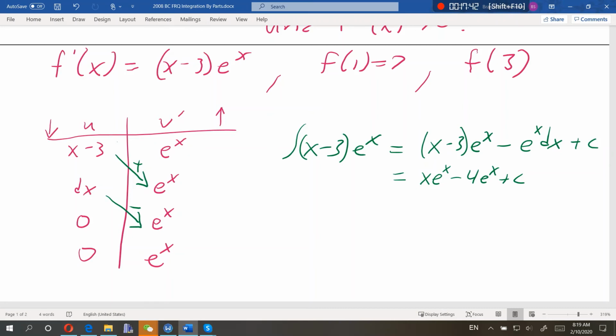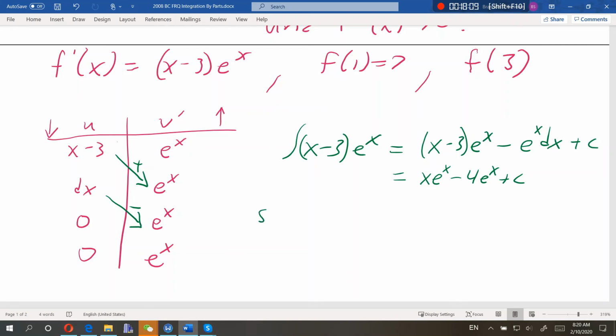Actually, I don't think we'll need to find c, because we'll need the bounds for this one. If I know our start point is (1, 7), how can I get from (1, 7) to where we will be at 3? There's a difference in x of 2.